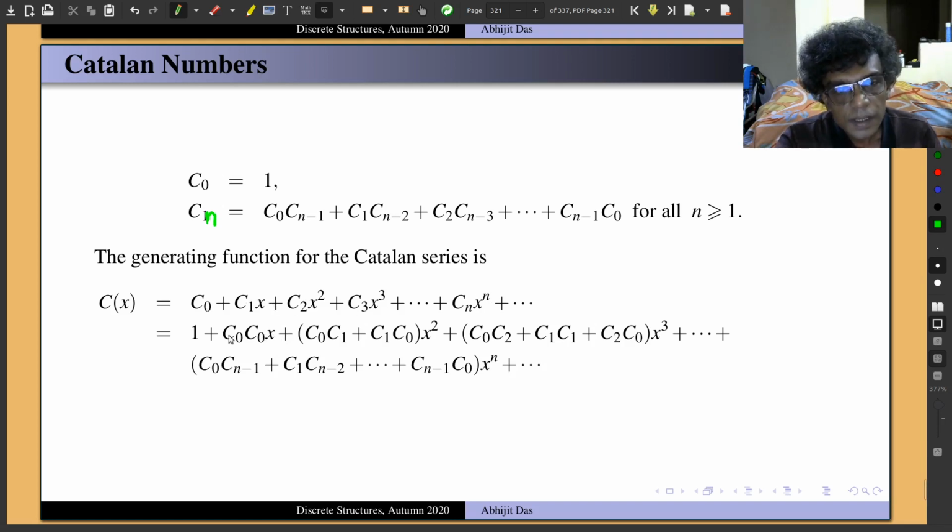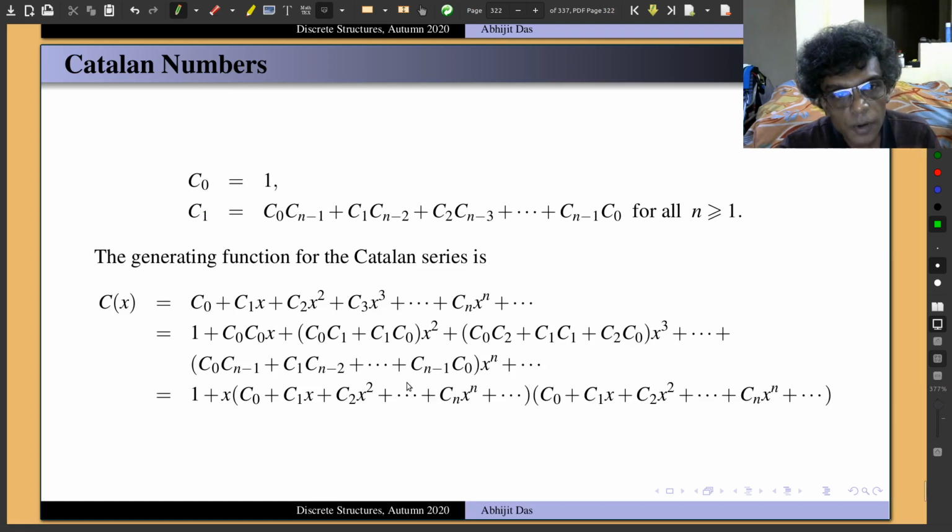Therefore, if I take x common, this is nothing but this times this, which generates the convolution. So, I have now derived C of x equal to 1 plus x times C of x whole square. This is C of x, this is C of x.